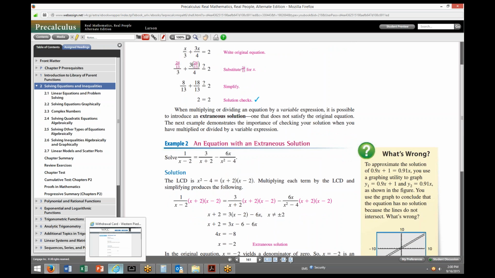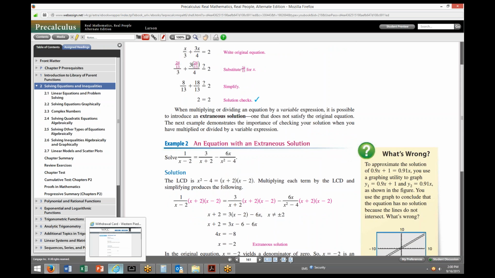Oftentimes, if we have an equation that has fractions embedded into the equation, and we have the variable in the denominator of at least one of the fractions, then when we find the lowest common denominator of all the fractions, it's going to have a variable in it.